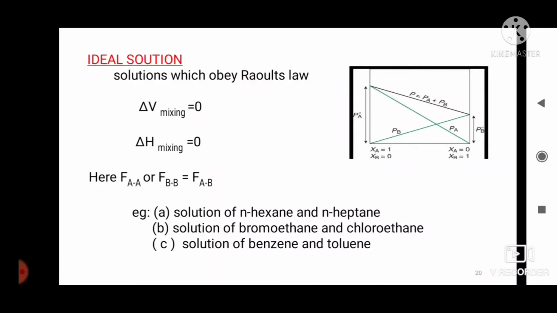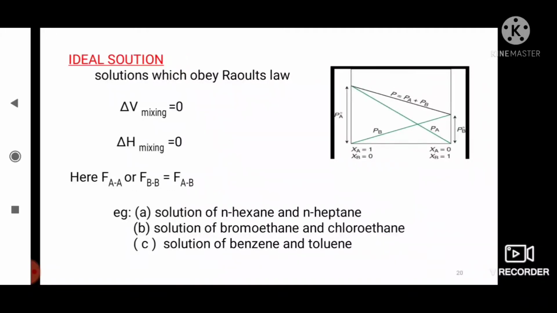In the case of pure components, the intermolecular attractive interaction is of AA and BB type. In the case of binary solutions, the intermolecular attractive interaction is of AA, BB and AB type.